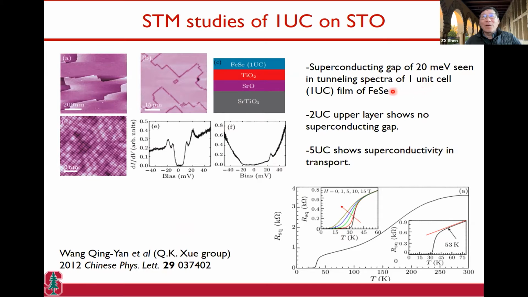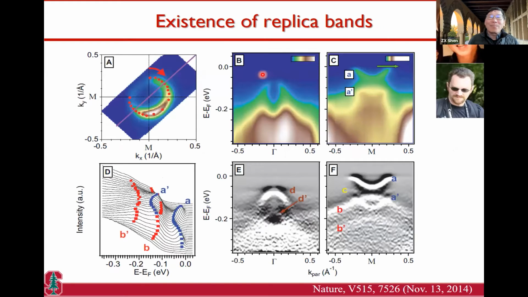So it is a much higher superconducting gap than one would have expected from the TC of the system. As I said earlier, the bulk form is only about 8 Kelvin. So that generates a lot of excitement, and we also looked into that.